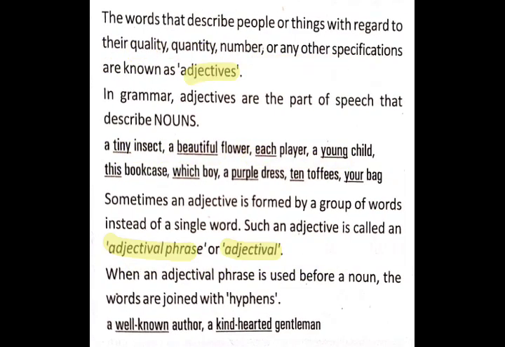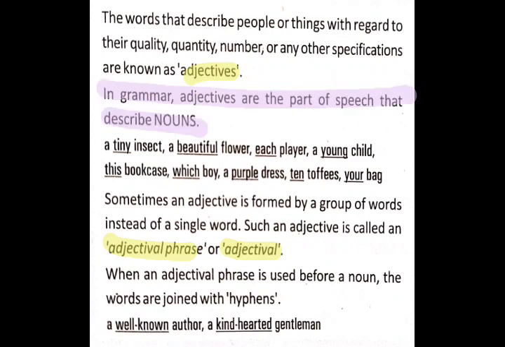So students, the words that describe people or things with regard to their quality, quantity, number or any other specifications are known as adjectives. Means anything which tell us anything specific about a noun is known as adjective. These are the describing words that are used along with nouns.